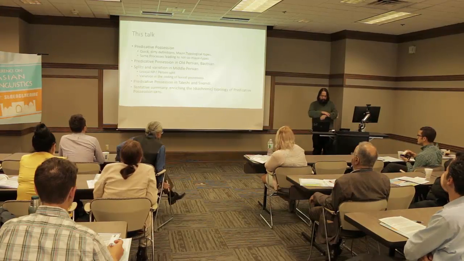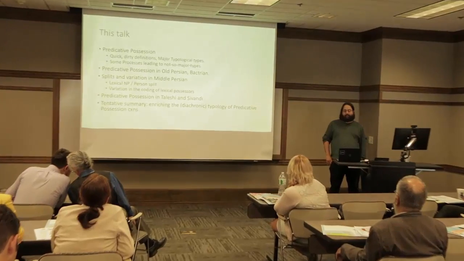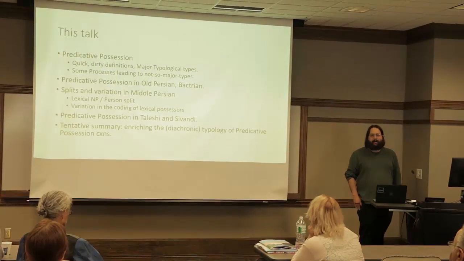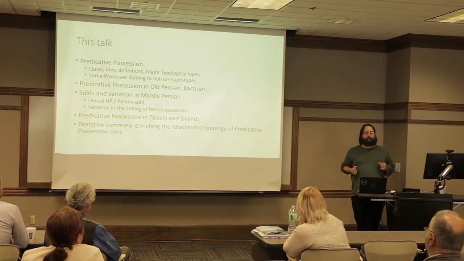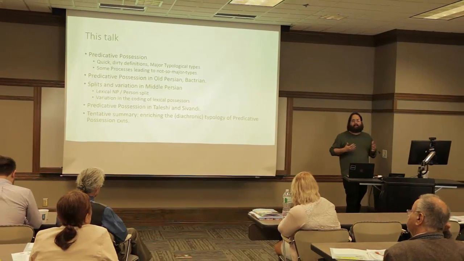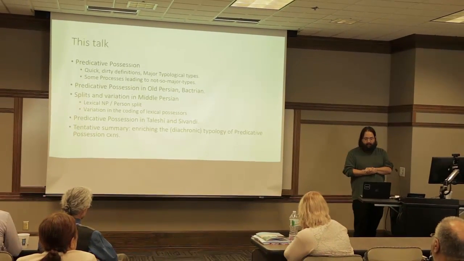So, in this talk, I want to quickly go over some predicative possessive constructions across Iranian. When you look at those constructions, there are many interesting and surprising aspects, such as the one just mentioned, that they're not used as locatives very often.